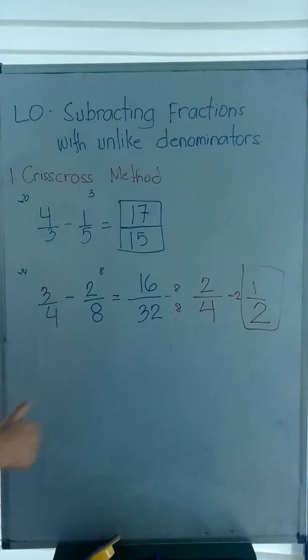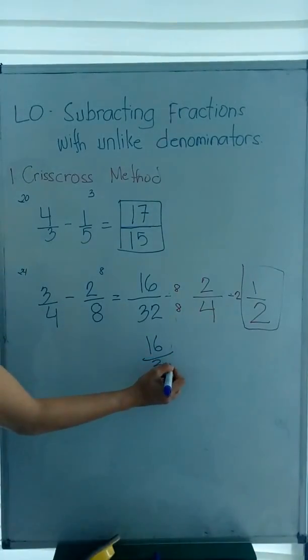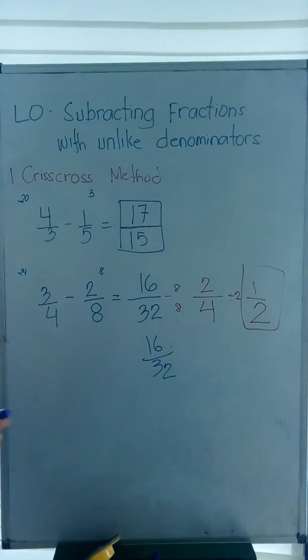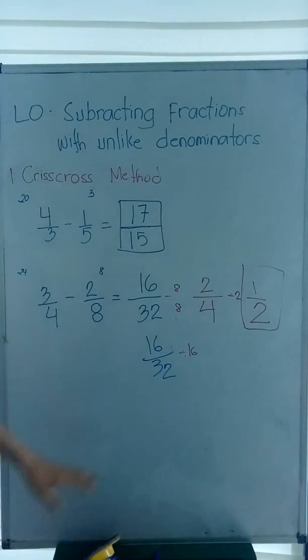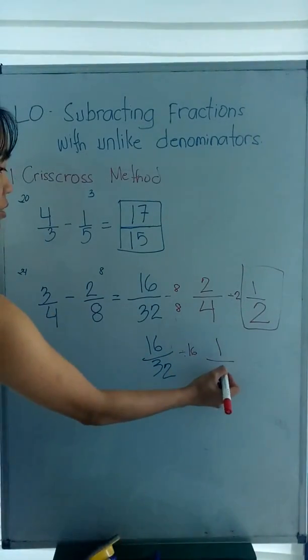But from here, if you use the example 16 over 32, and you already used a bigger number than 8, for example 16, 16 and 32 can be divided with 16. So instead of 8, you already divided with 16. 16 divided by 16 is 1. 32 divided by 16 is 2.